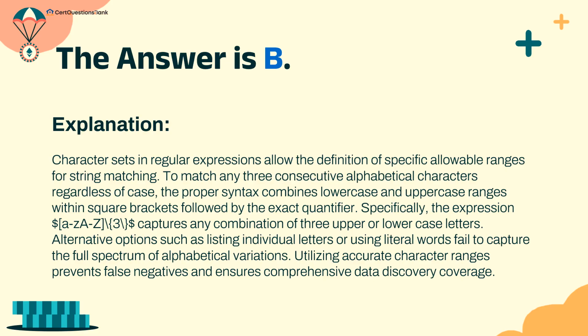Specifically, the expression [a-zA-Z]{3} captures any combination of 3 upper or lower case letters. Alternative options such as listing individual letters or using literal words fail to capture the full spectrum of alphabetical variations. Utilizing accurate character ranges prevents false negatives and ensures comprehensive data discovery coverage.